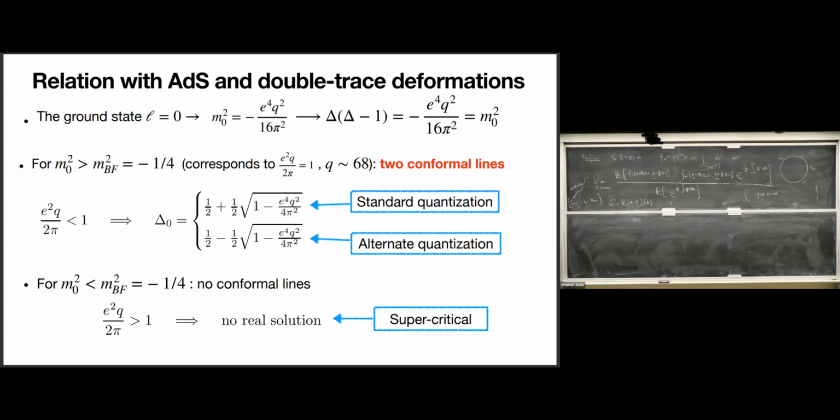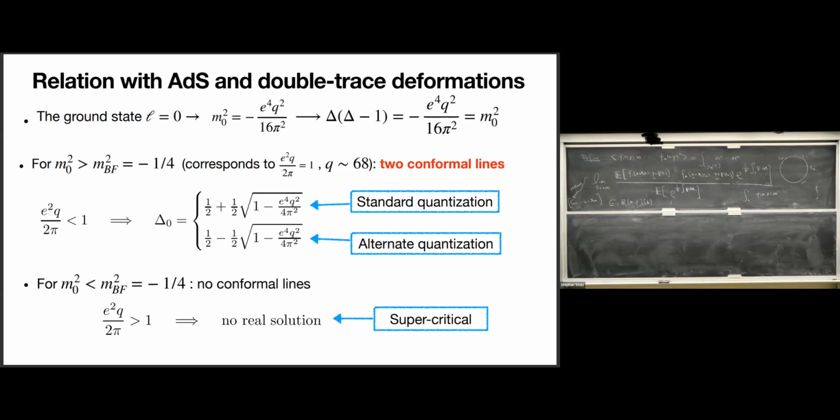Now, this quadratic equation teaches us the following: if e squared Q over 2 pi is smaller than 1, there are actually 2 solutions for the quadratic equation. You see here there is a plus, here there is a minus, and then there is the square root. These 2 solutions correspond to 2 different conformal boundary conditions for the scalar field.